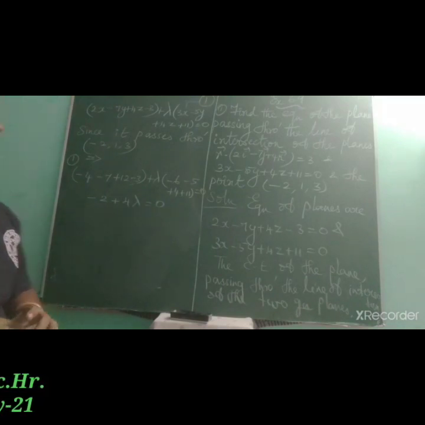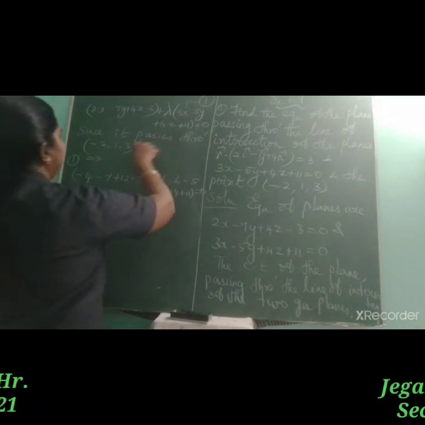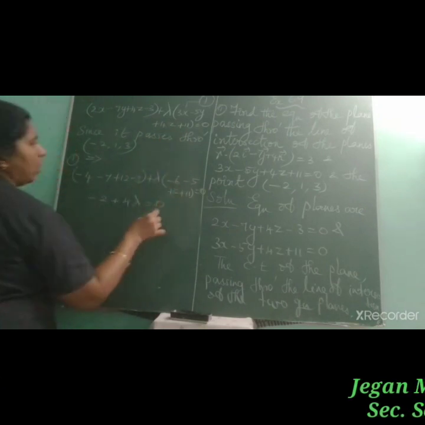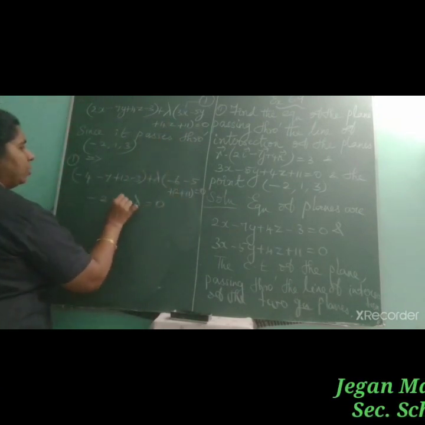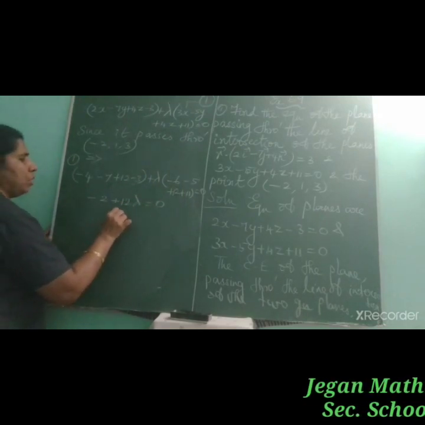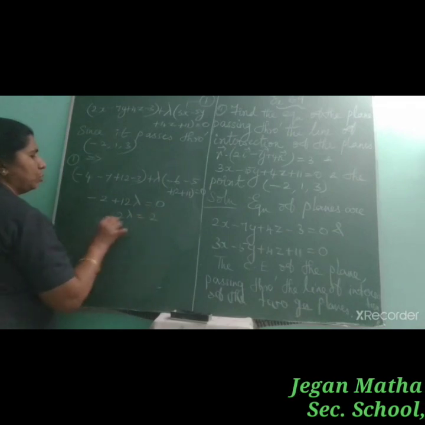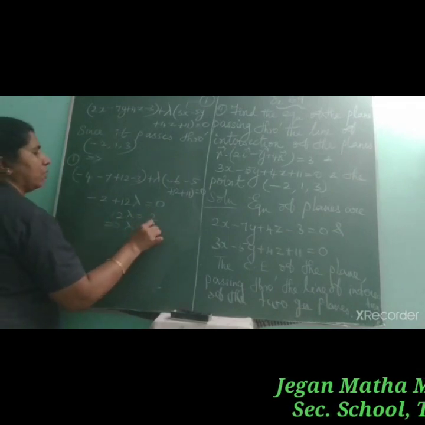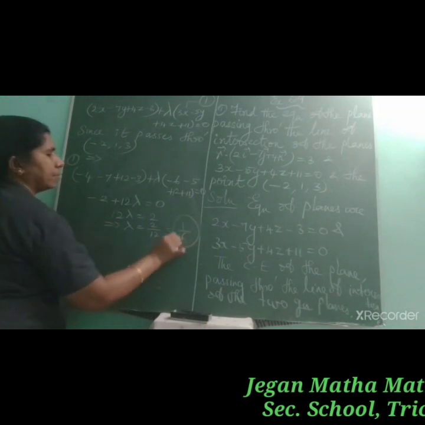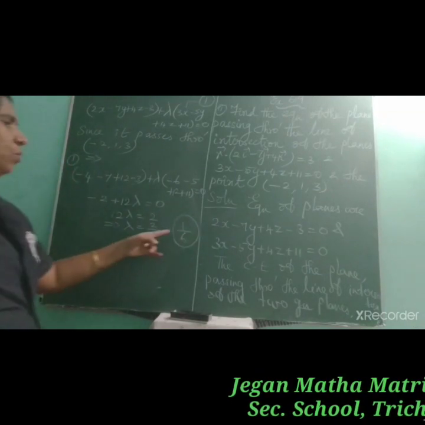Now minus 2 plus 12 lambda equal to 0. Therefore 12 lambda equal to 2, lambda equal to 2 by 12, which is equal to 1 by 6. Lambda value equal to 1 by 6.